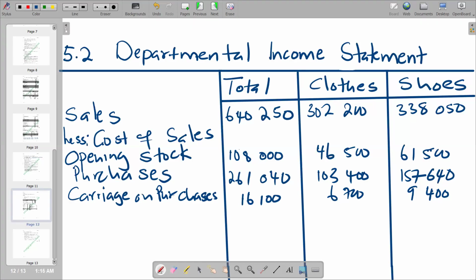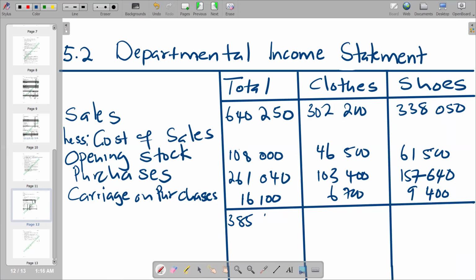Then from there, we add so that we get the total. So for the total column, we're going to say 108,000 plus 261,040 plus 16,100, and then we get the total of 385,140.